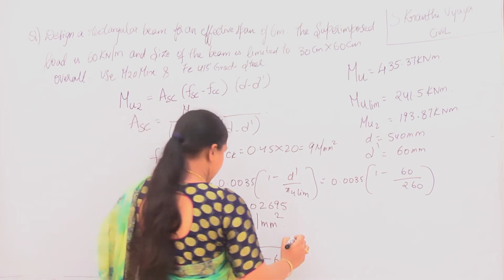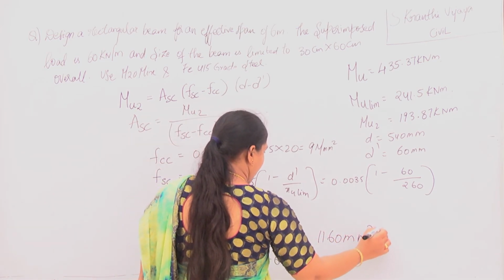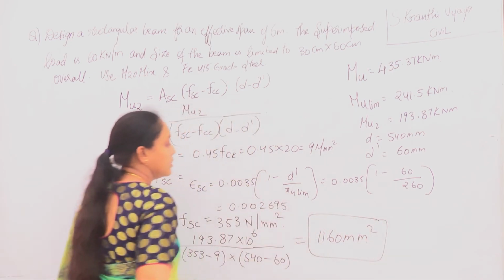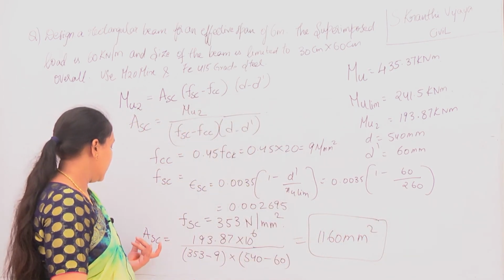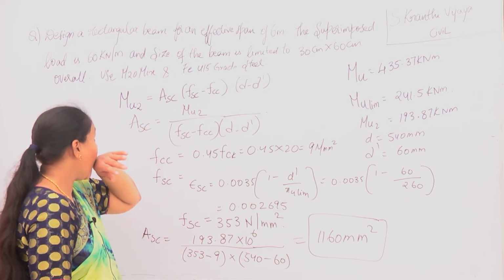If you calculate this, you get a value of Asc as 1160 mm square. So this is the area of the compression steel for the additional moment Mu2.